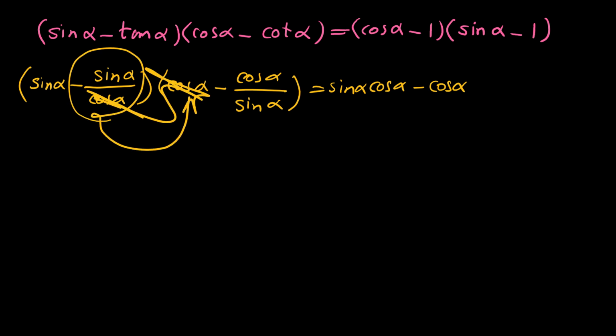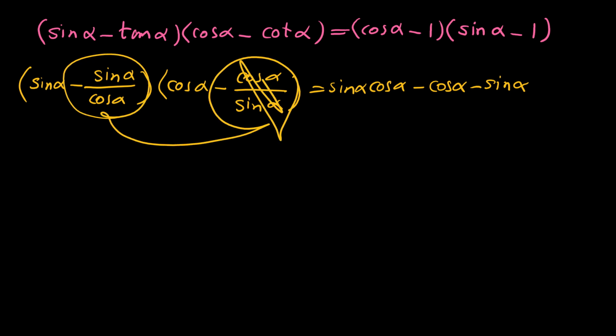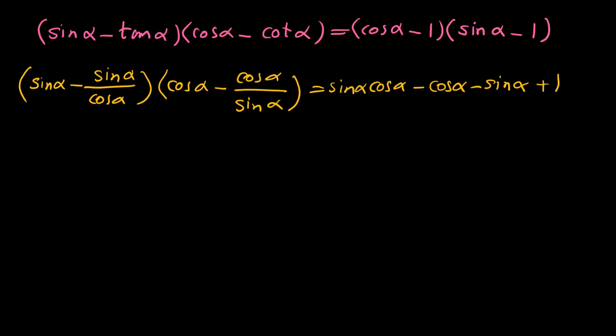The cosine with cosine cancels and we have minus sine alpha. So minus sine alpha. And finally, when we multiply this by this, it completely cancels and we have plus 1. Because minus times minus is plus 1.